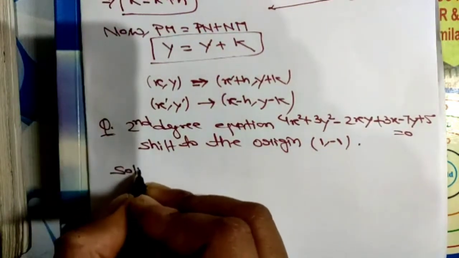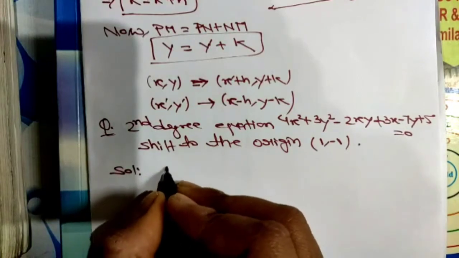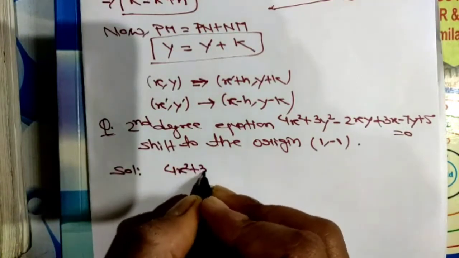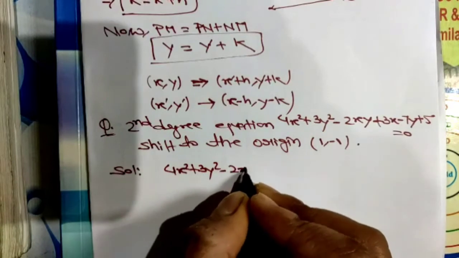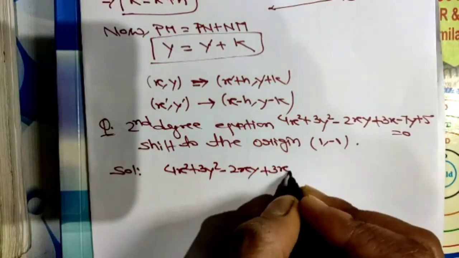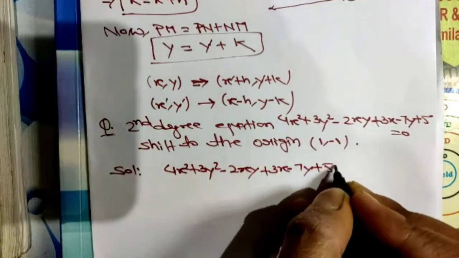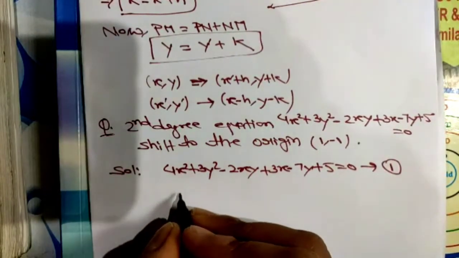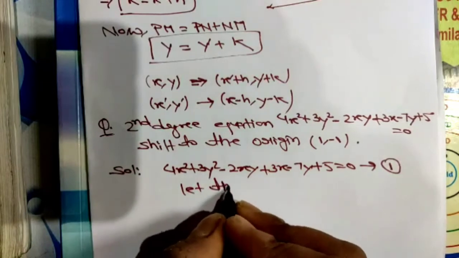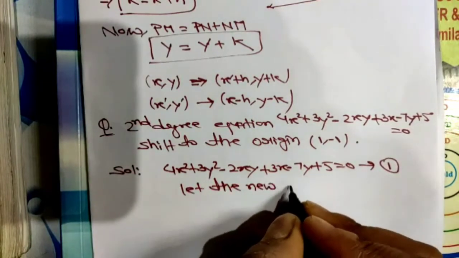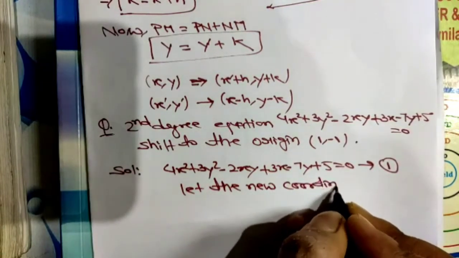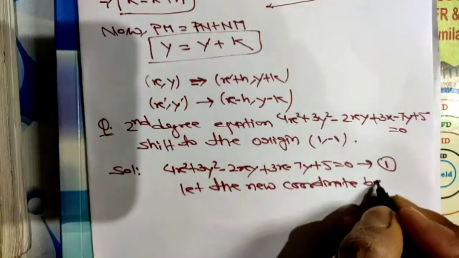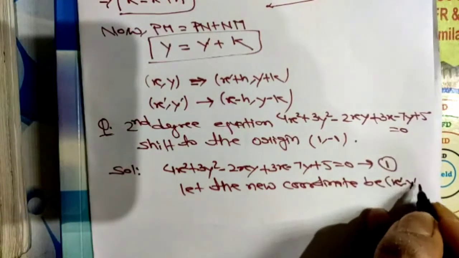Solution: 4x square plus 3y square minus 2xy plus 3x minus 7y plus 5 equals 0. Let's say this is equation 1. Let the new coordinate be x dash, y dash.